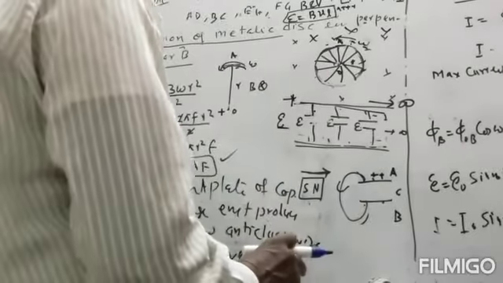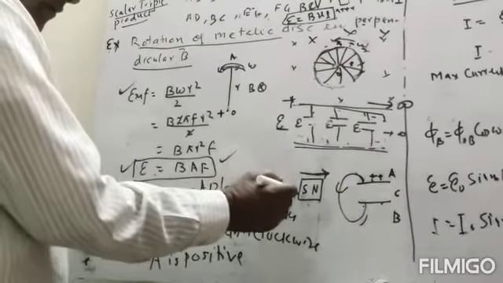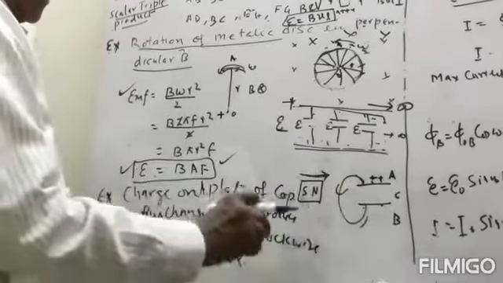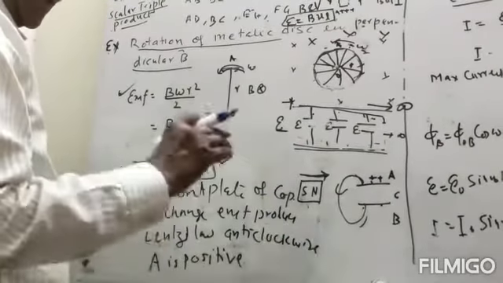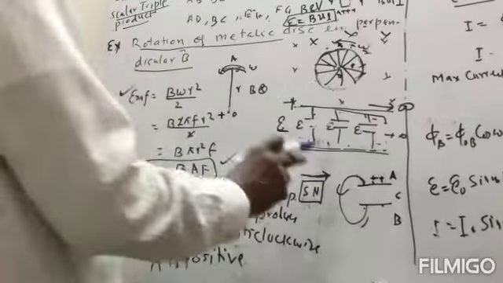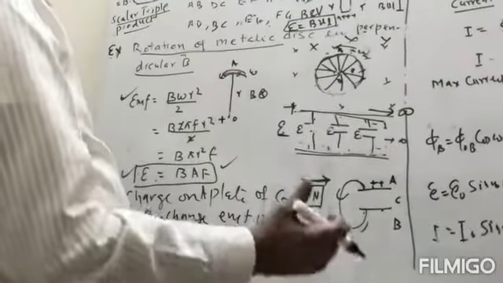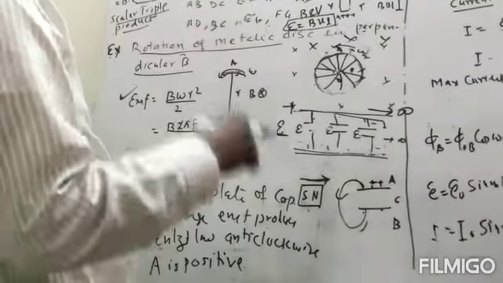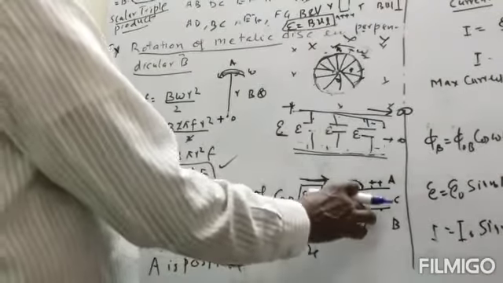We have to find it. Now when the magnet is moving towards it, the magnetic flux will change. Then according to Faraday's law, when there is a change in magnetic flux, an induced EMF will be produced.